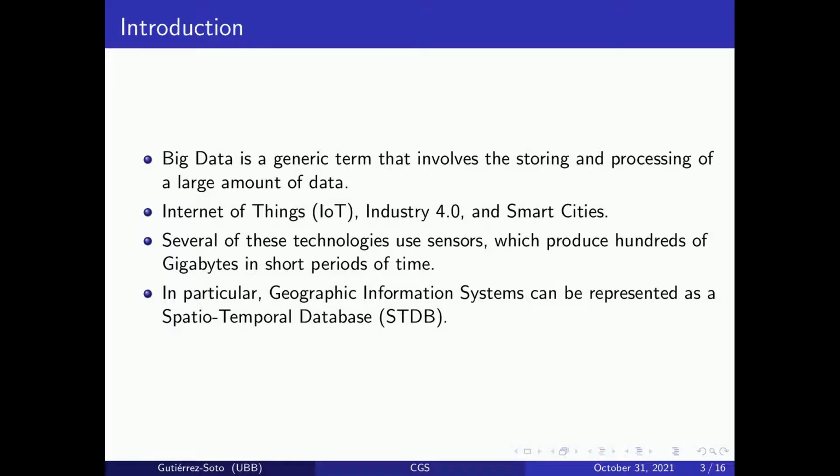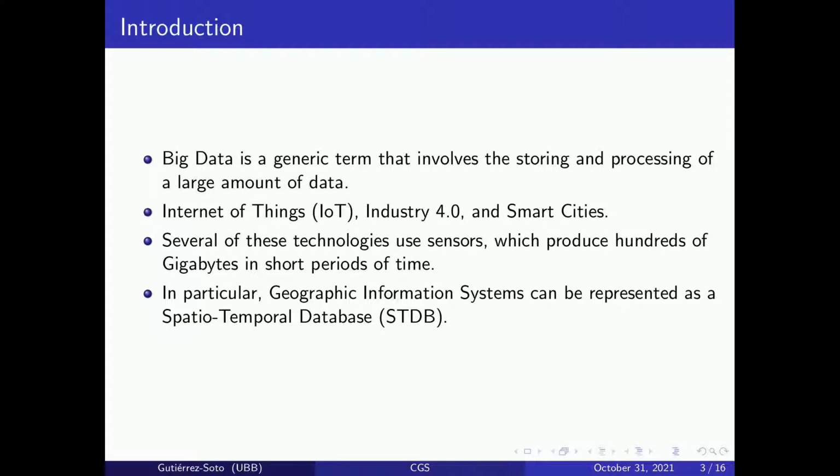We can find a lot of data, for example, in Internet of Things, Industry 4.0, smart cities, and so on. There are a lot of technologies that use sensors. That implies that we can find hundreds of gigabytes in a short period of time.